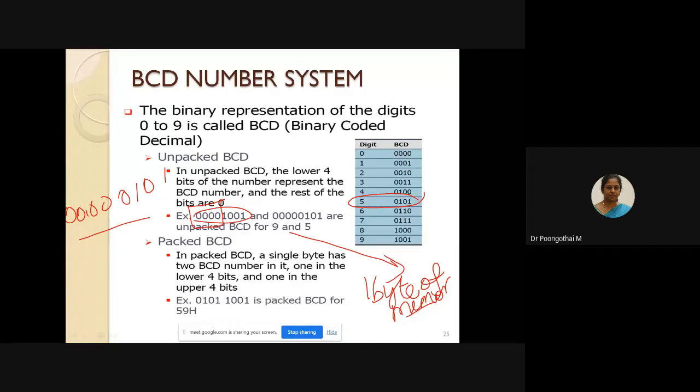In the case of packed BCD, two numbers can be combined. A single byte has 2 BCD digits in it, one in the lower 4 bits and another in the upper 4 bits. So this 9 and 5 can be combined and represented as 59 hex.